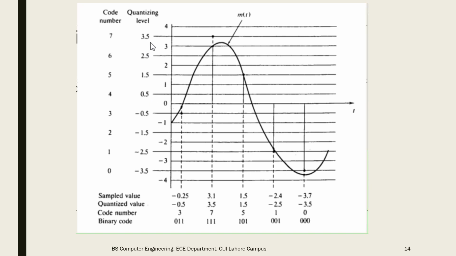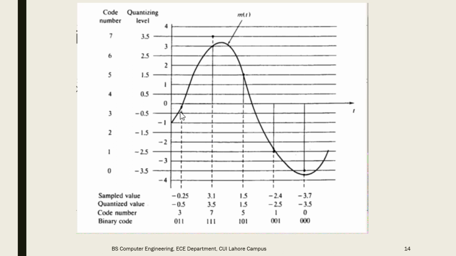These are the quantization levels. So 4 quantization levels are at the positive side, and 4 quantization levels, minus 0.5, minus 1.5, minus 2.5 and minus 3.5 are at the negative side of this axis.